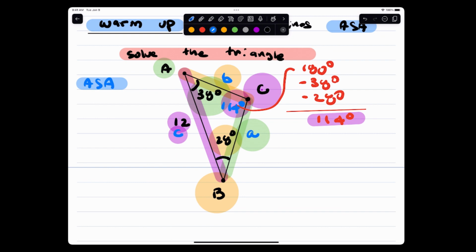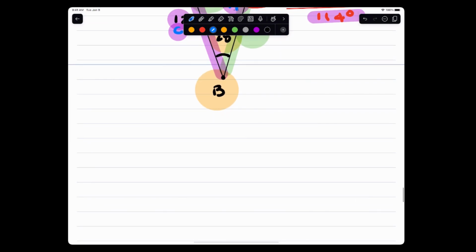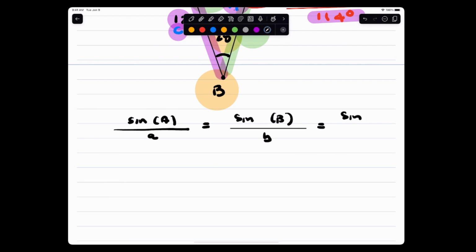Okay, now, what do you guys do now? Do you guys know? You go straight to the law of sines. Sine of A over little a is sine of B over little b, which is sine C over little c.